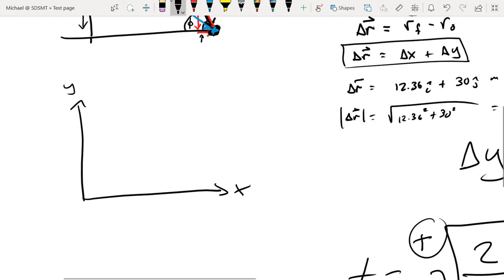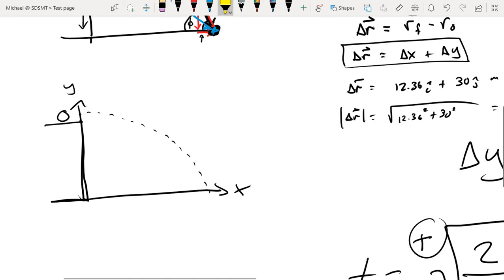So we have our x and y directions. We have the rock up on the cliff here, and the rock travels through this parabolic path. So this is the true motion of the ball.